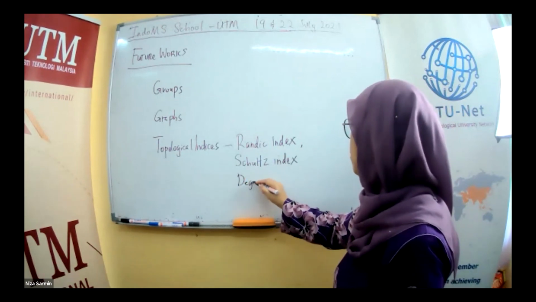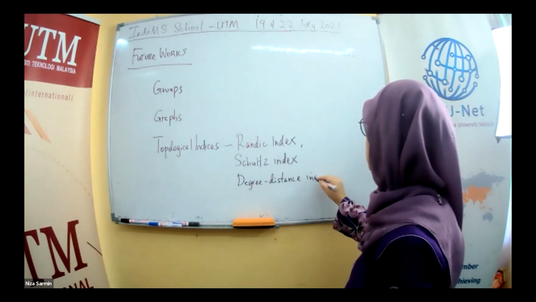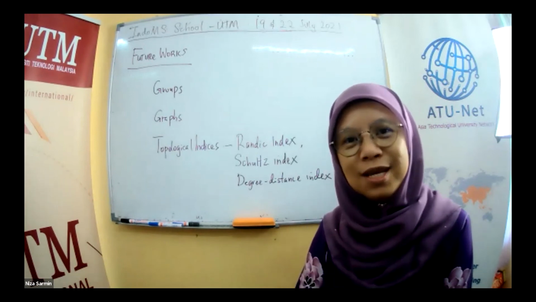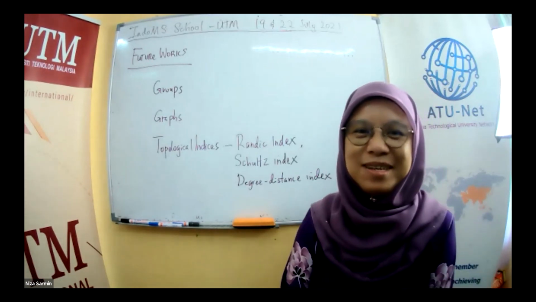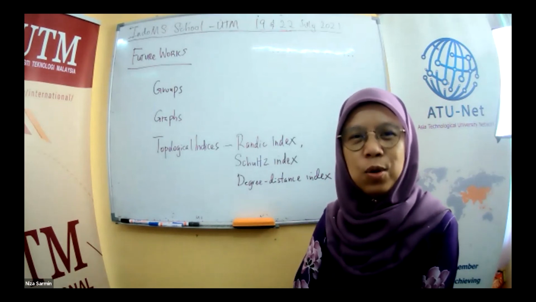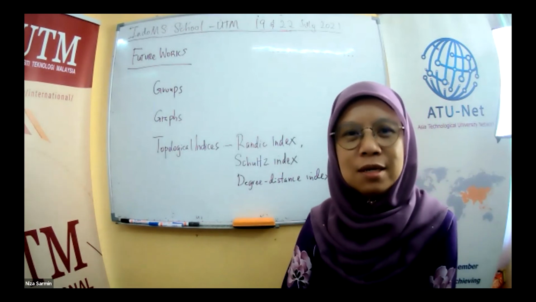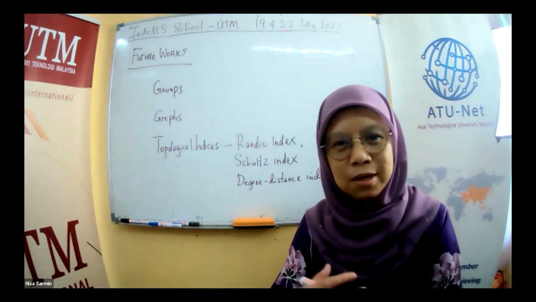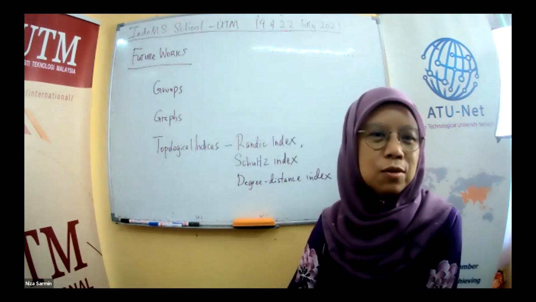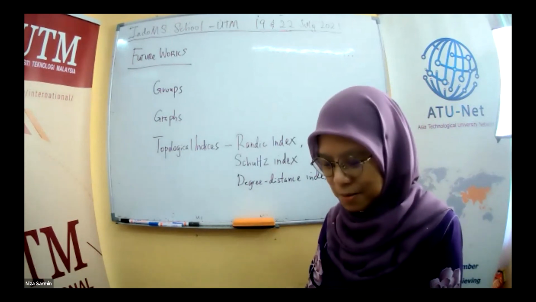We have the degree distance index. We hope actually to come up with a new index, but we didn't get to it so much. So why don't you create a new formula? We already have the reciprocal, we have the square, right? Who knows, maybe there are others, the cube and some others.